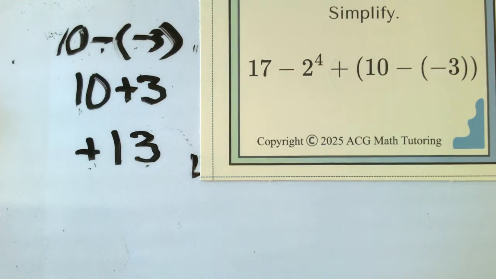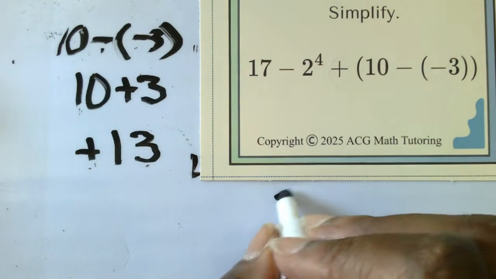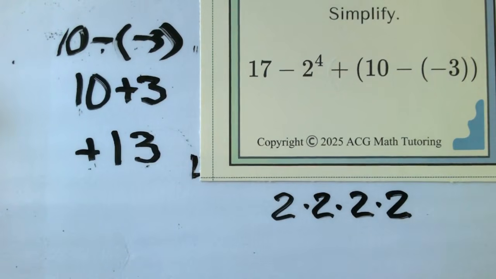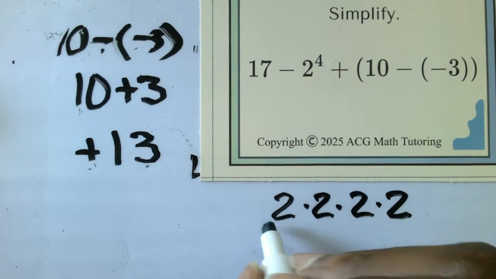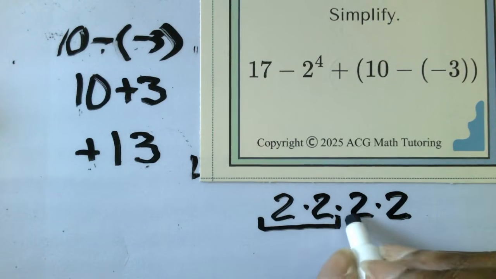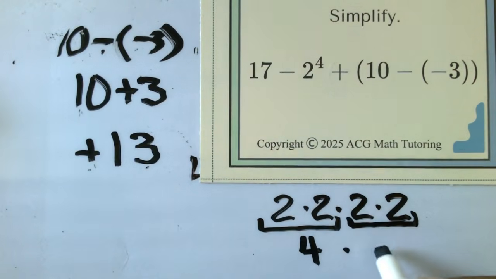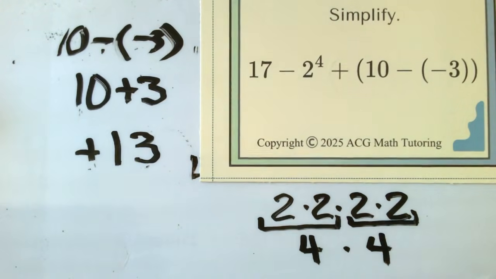Now 2 to the 4th power is not 8. Okay? It's not 2 times 4. It's basically saying we're taking our 2 and multiplying it by itself 4 times. So 2 times 2, if I group these, gives me a 4. There's a 4 there. There's a 4 there.